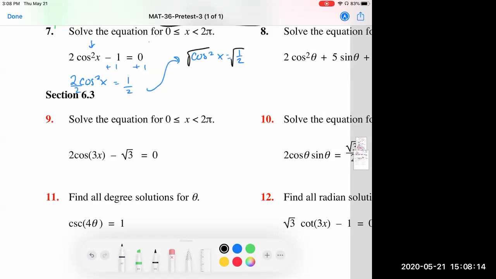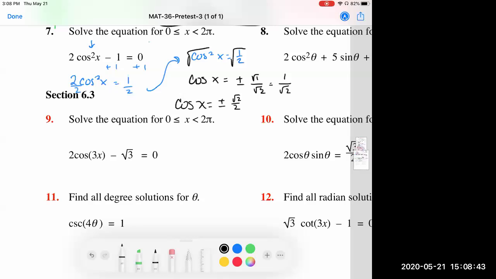Take the square root of both sides, and we have cosine of x is equal to plus or minus square root of 1/2, right? We can take the square root of 1, which is 1, and I'm left with square root of 2, but then I have to rationalize it. So really it's cosine of x is equal to plus or minus square root of 2 over 2.